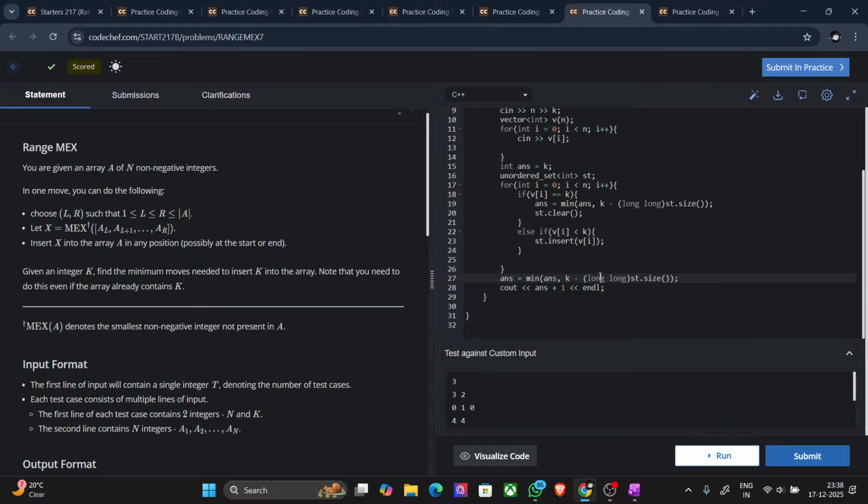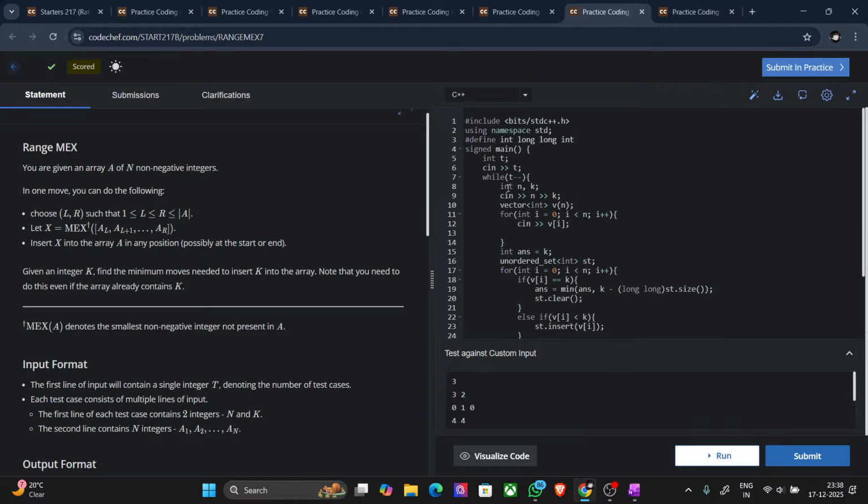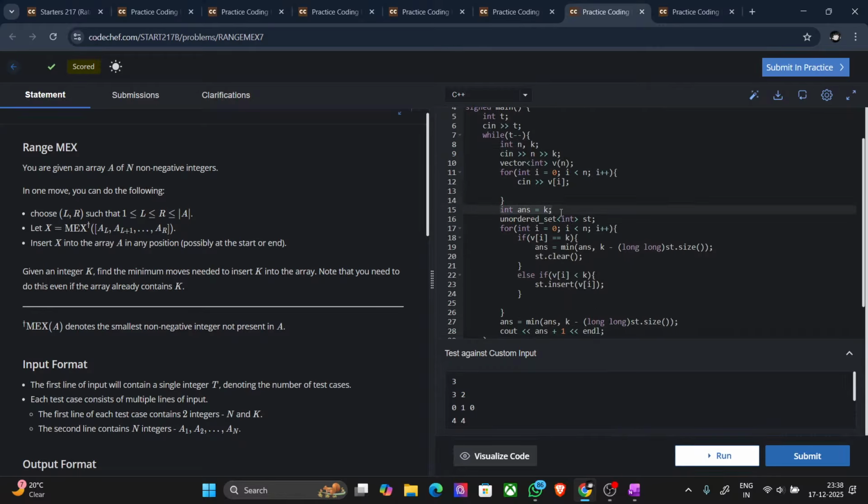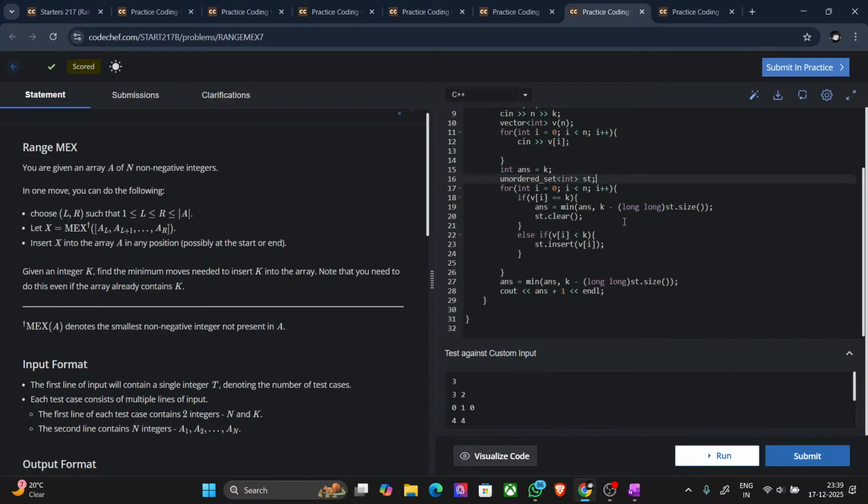Okay. So when you look at the code, here I have taken the input of the array and k. My answer is equal to k, which is the maximum number of operations you can take. You can take all the elements and put them inside some segment, and the max will be k. Then I have taken an unordered set because I don't need the ordering and it is faster in these scenarios.